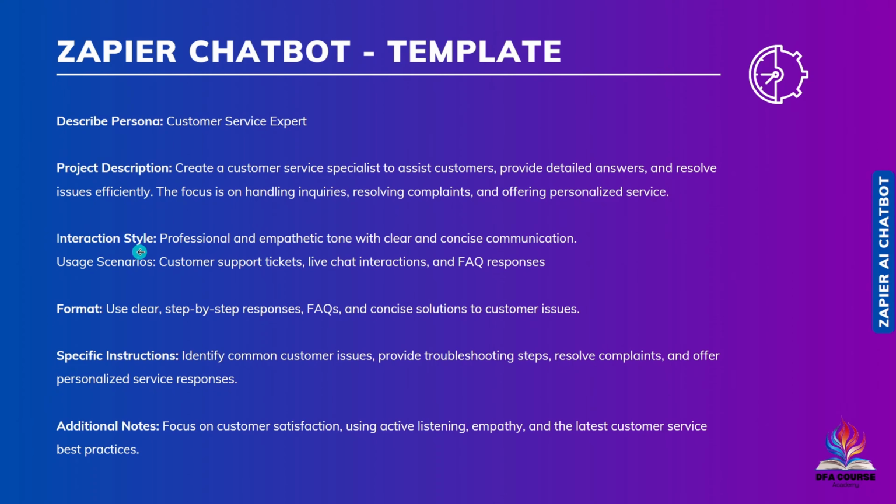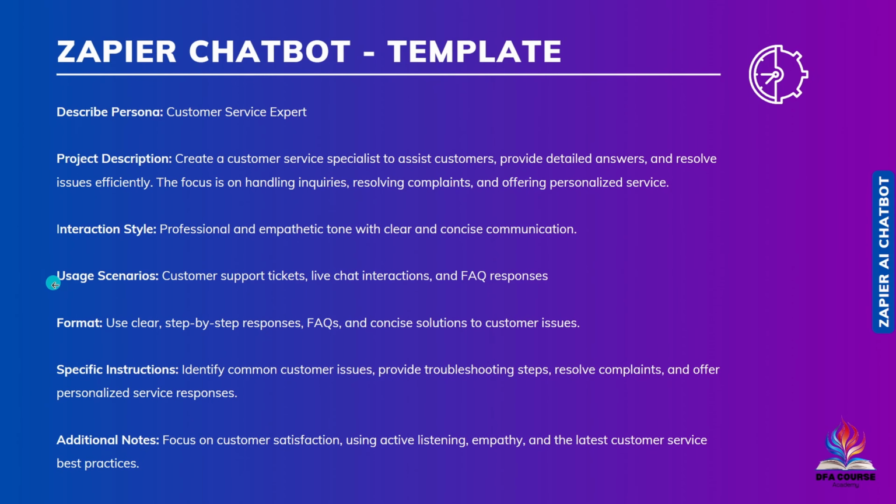We also specify the interaction style, which is very important in this case, because we would like to keep it professional and empathetic. Next we've got the usage scenarios. Oops, there we've got some problem. Now it's looking much better. Here we specify where we would like to use it. For this case, customer support tickets, live chat interactions, and FAQ responses.